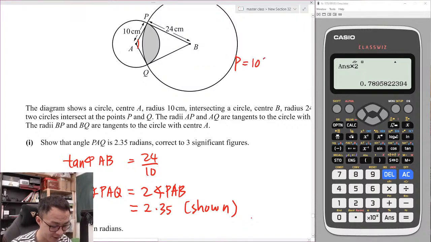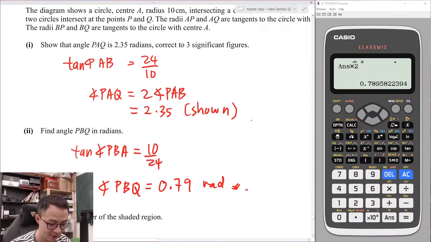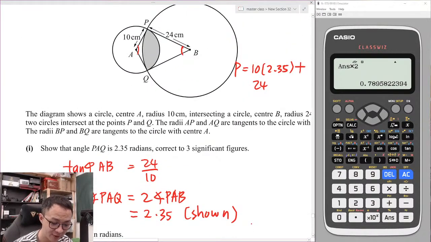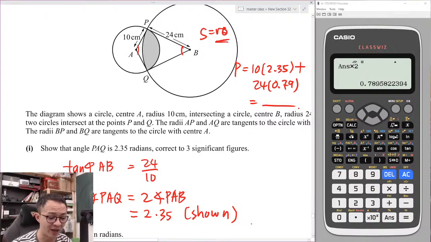R is 10, theta is 2.35, plus another r theta. R is 24, and this theta is, what is the angle again? 0.79. Type in the calculator and you will get the answer, because basically it is one arc length plus another arc length. The arc length formula is S equals r theta. So I normally just straight away do the r theta here.